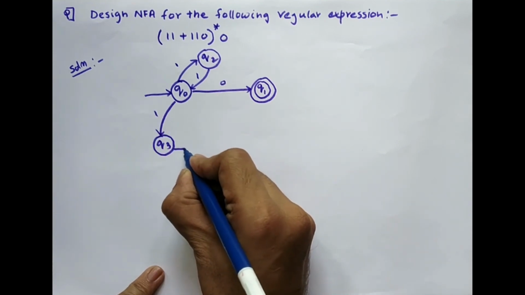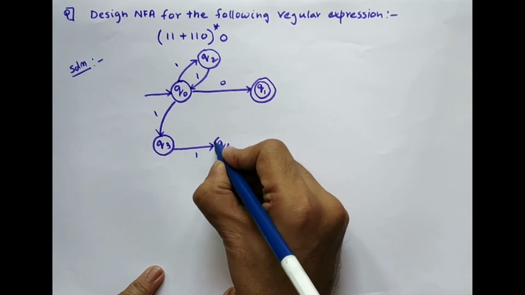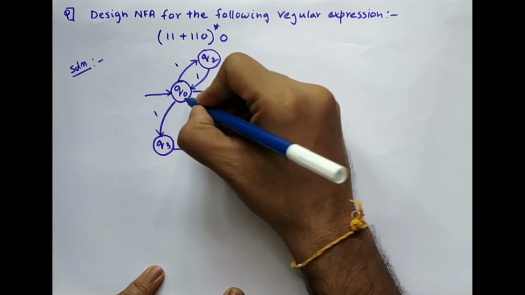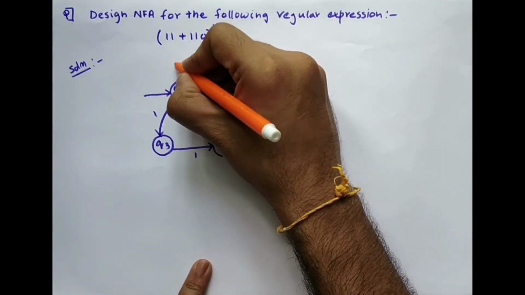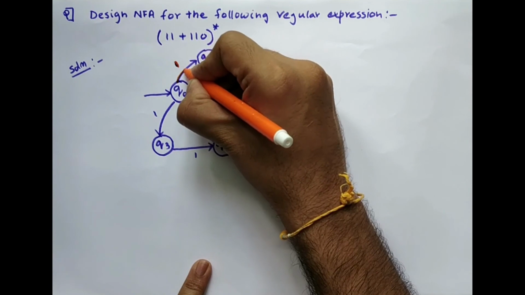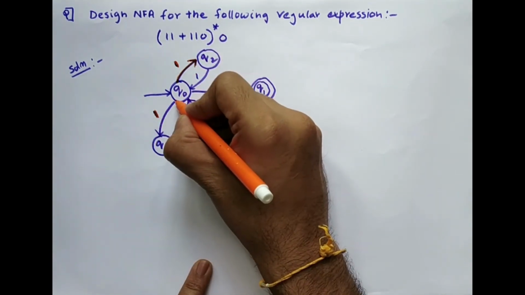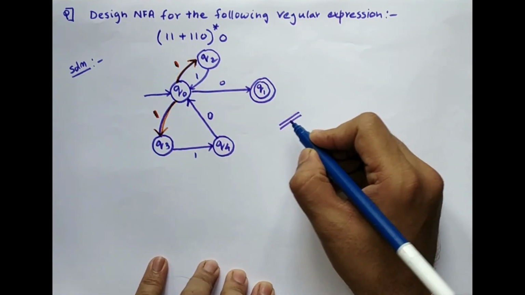From Q3 on reading another 1, I may go to Q4. And from Q4 on reading that last 0, I come to Q0. So from Q0 on reading a single 1, it makes one transition here, and from the same state on reading the same 1, it makes another transition here. As you can see, this is the required NFA.